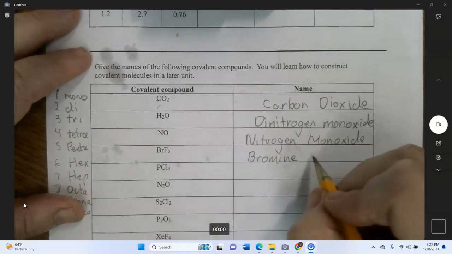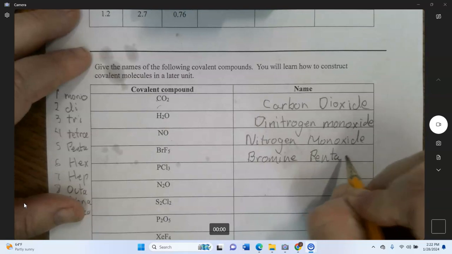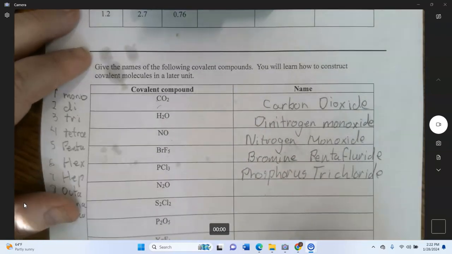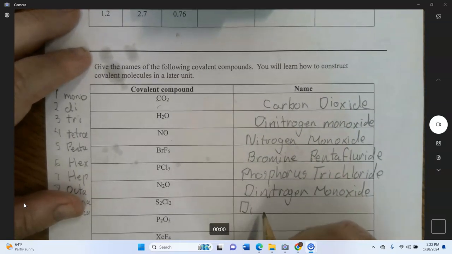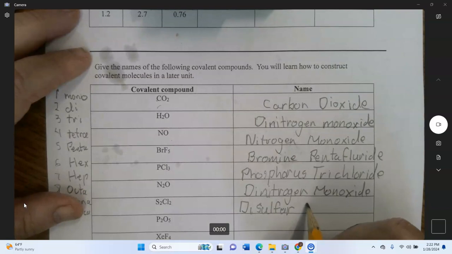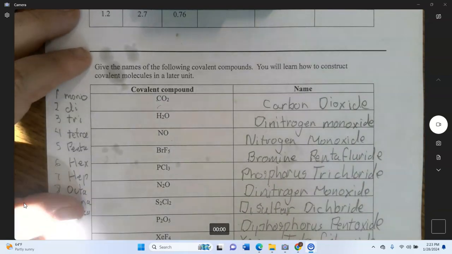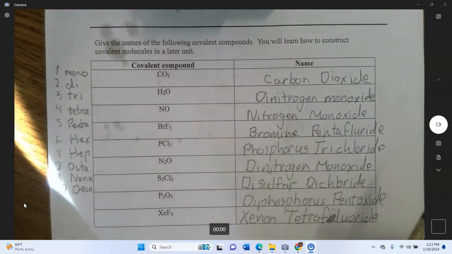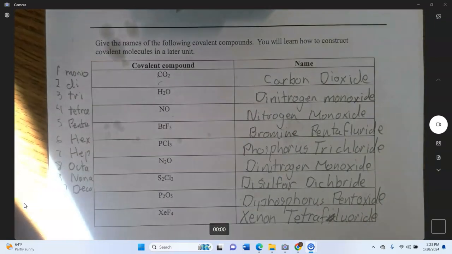Bromine pentafluoride. Okay. Dinitrogen. Disulfur dichloride. Okay, xenon tetrafluoride. Okay, so again, covalent bonds, let me get it on the screen here. Covalent bonds are the ones that use this, okay, not ionic bonds. All right, that takes care of this lesson.